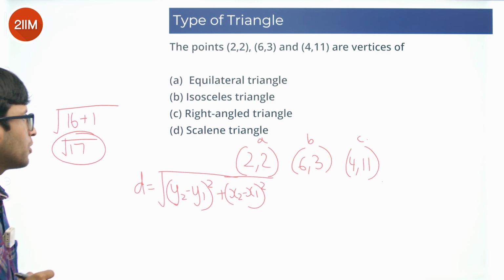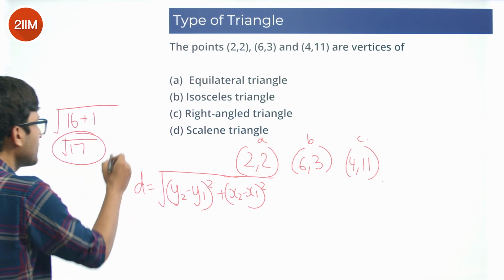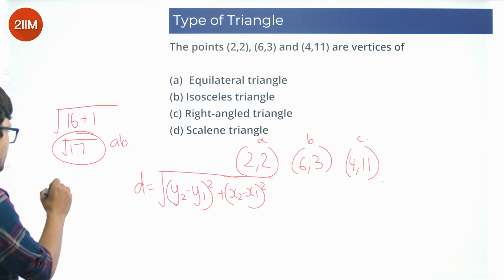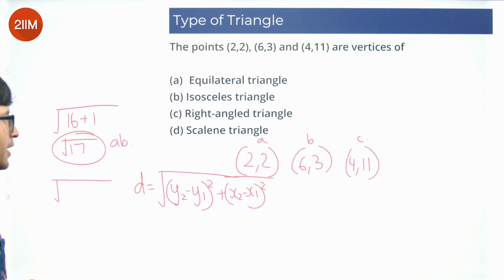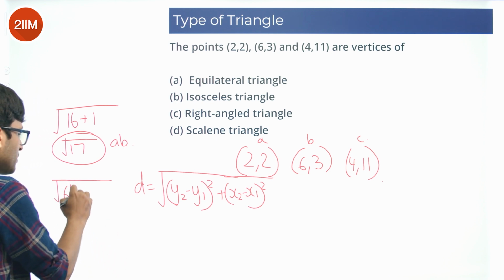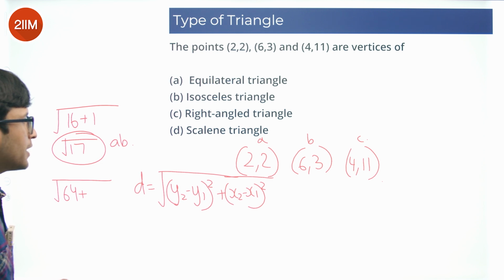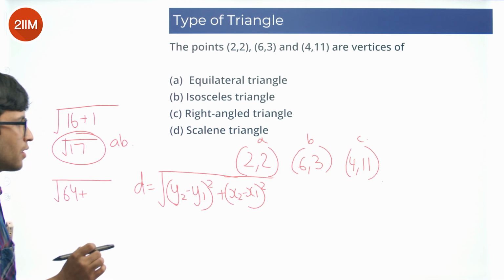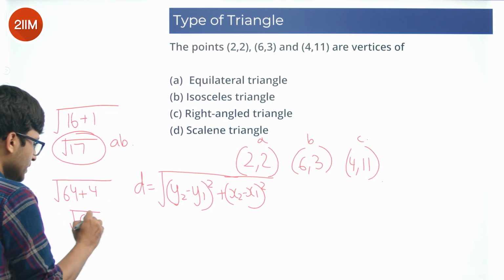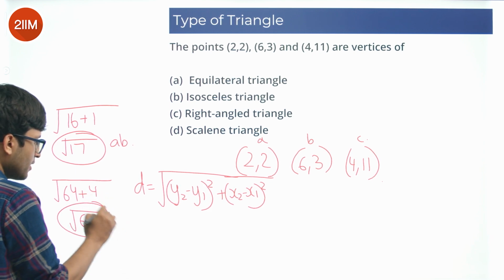This is my first value, between A and B. Now let us find out between B and C. The distance between B and C will be equal to 11 minus 3, which is equal to 8. 8 square is 64. 64 plus minus 2 square, which is 4. So root over 68 is the distance between B and C.